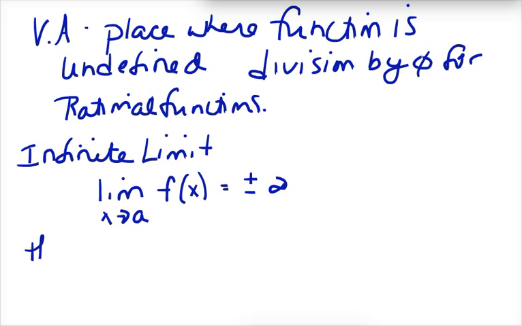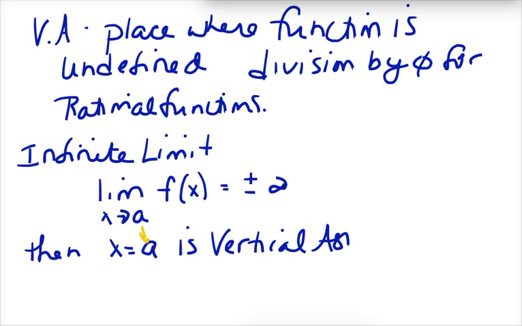And if that's the situation, then the equation x equals a, that is the vertical asymptote equation. So that's your vertical asymptote. So an infinite limit is a vertical asymptote.